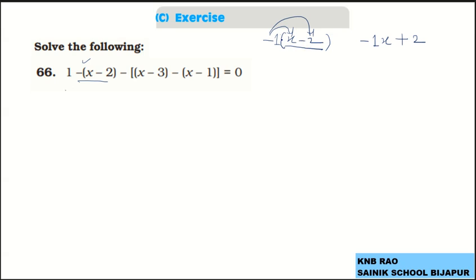If there is a plus sign in front of the term, that will become minus sign. If there is a minus sign in front of the term, it becomes plus sign. So, that is how we get this simplification as minus x plus 2.